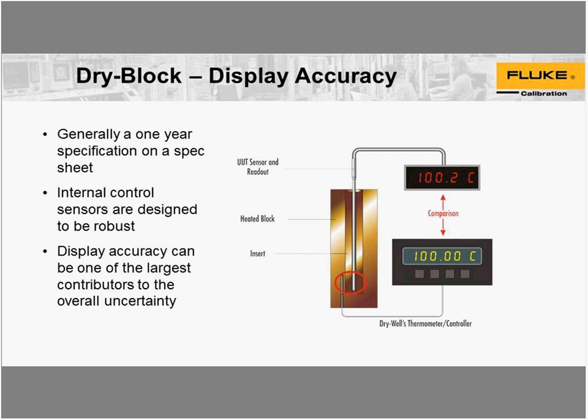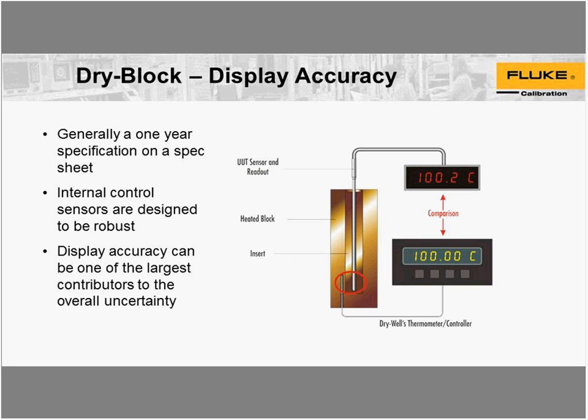So, display accuracy of the dry well. Typically, most manufacturers will say a 1-year spec when putting these together. Instead, it's always recommended that you do have some sort of internal QA program.